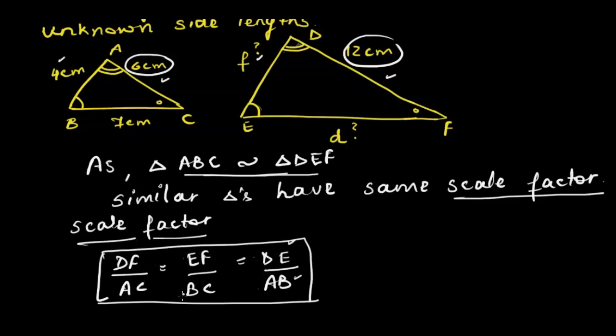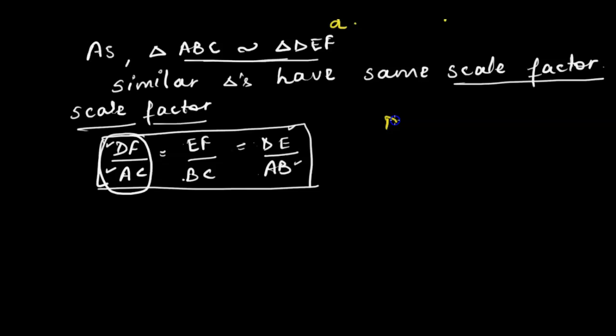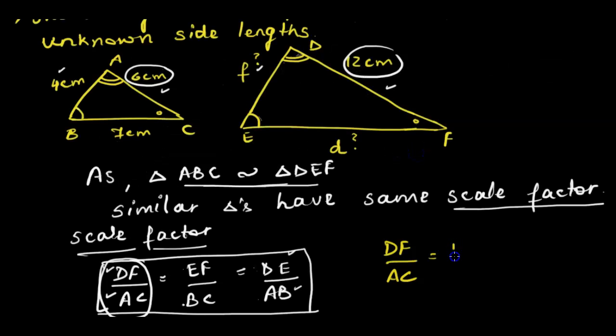Now, out of these three, we know the complete ratio for this first fraction because we know DF length, that is 12, and we know AC length, that is 6. So we would be using DF over AC, as DF is given to us as 12 and AC is given to us as 6, to find out the scale factor.